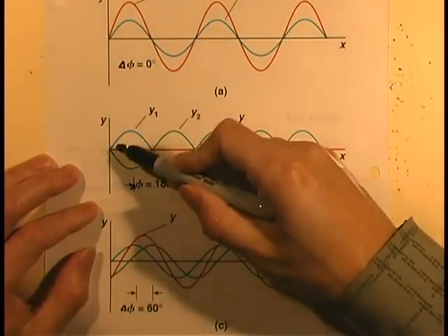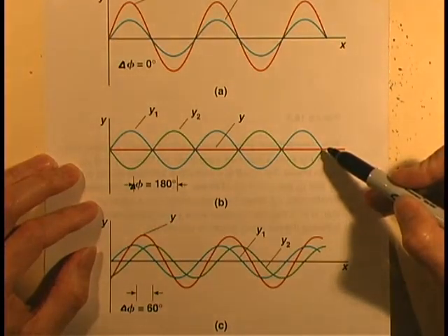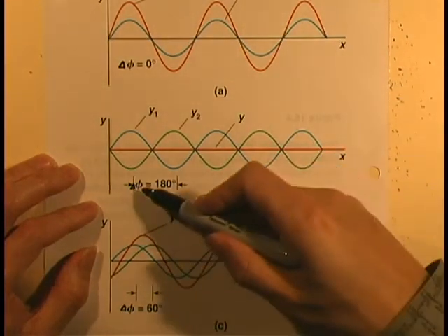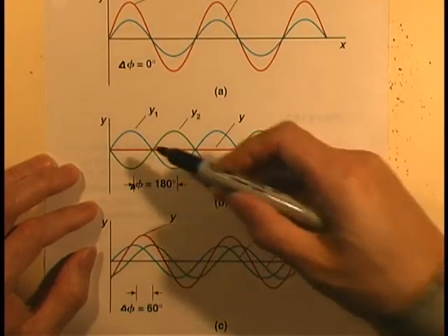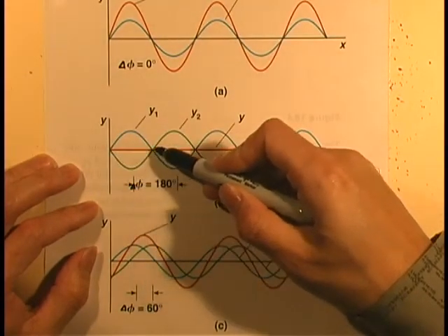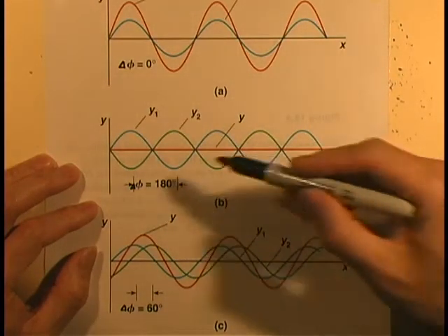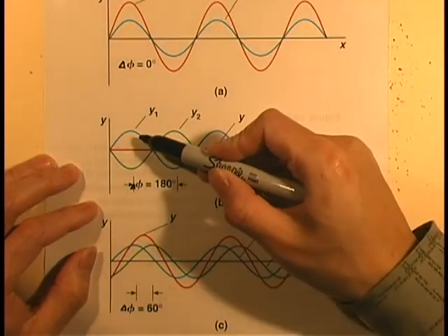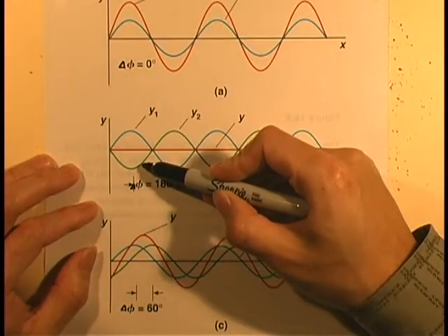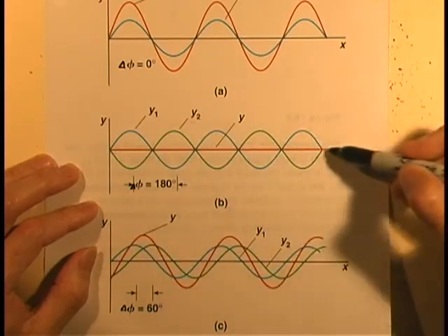Here you have a blue wave like this, and the green wave has a phase that's 180 degrees away from it, so delta phi equals 180 degrees. So when the first wave is positive, the second wave is actually negative. It's just opposite to the first wave. Now, assuming they have the same amplitude, then at every moment, this wave exactly cancels with that wave. The resultant wave is therefore 0, like this.